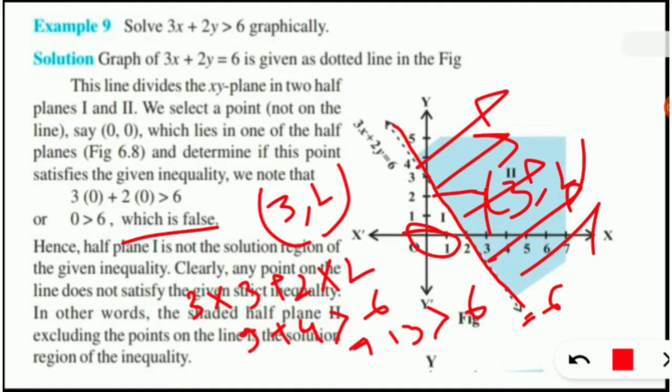That means this point satisfies the inequality, so definitely this point lies in the required region. That means the upper half portion is the required region of the inequality. Clear?